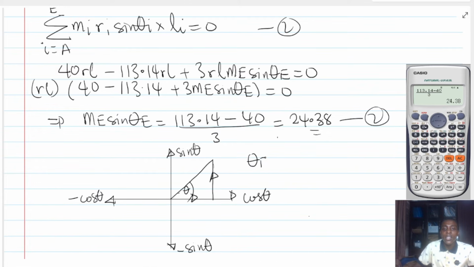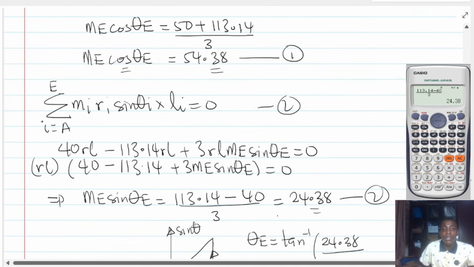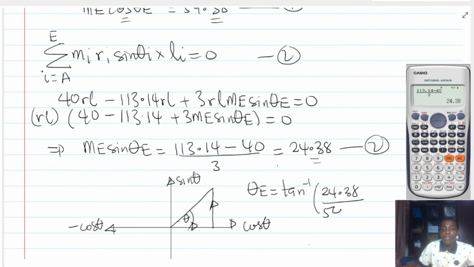So theta E is going to be the tan inverse of 24.38 divided by the cosine component, which is 54.38.